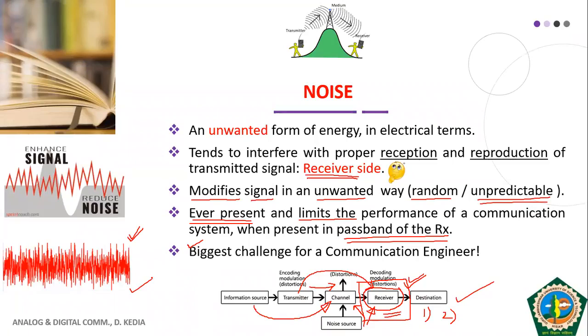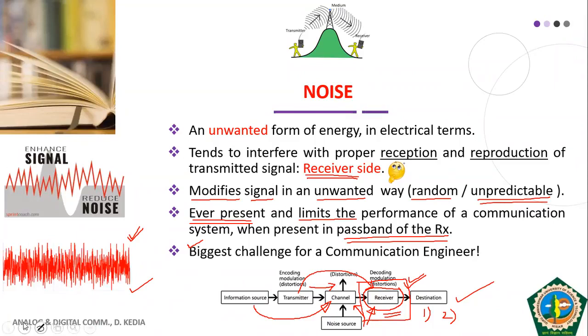And when we talked about modulation, though our modulating signal is also unpredictable, it is not as random as your noise is, or as unwanted as your noise is. So I hope you are able to appreciate the concept of noise here.